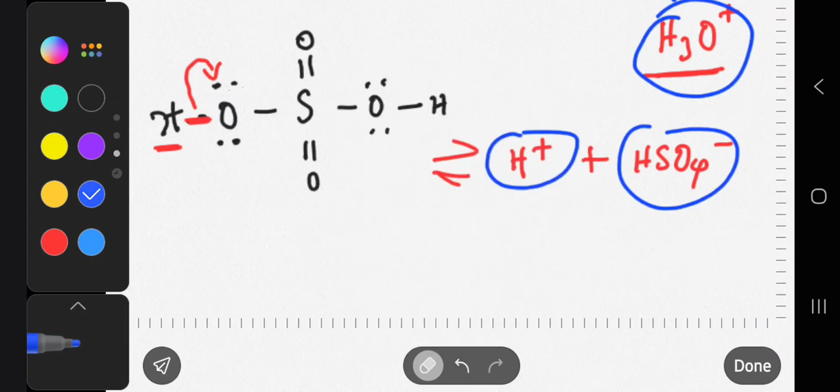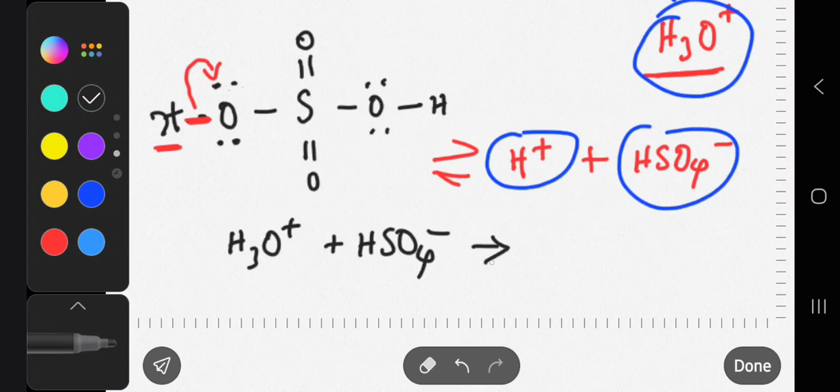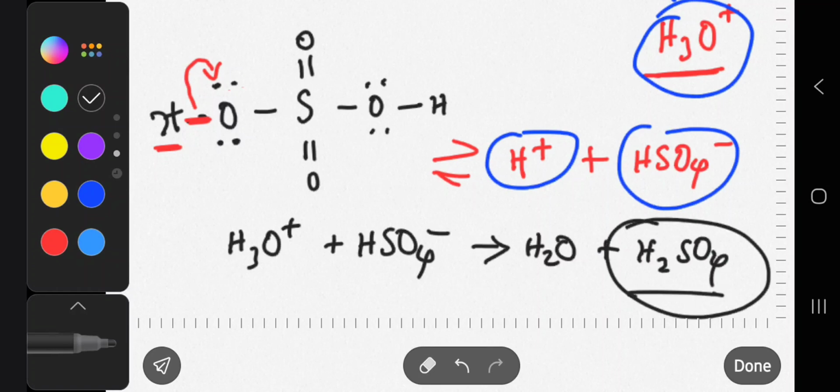We're going to have H3O plus, HSO4 minus, which I said will give you water plus H2SO4. You can see that we've generated the catalyst.